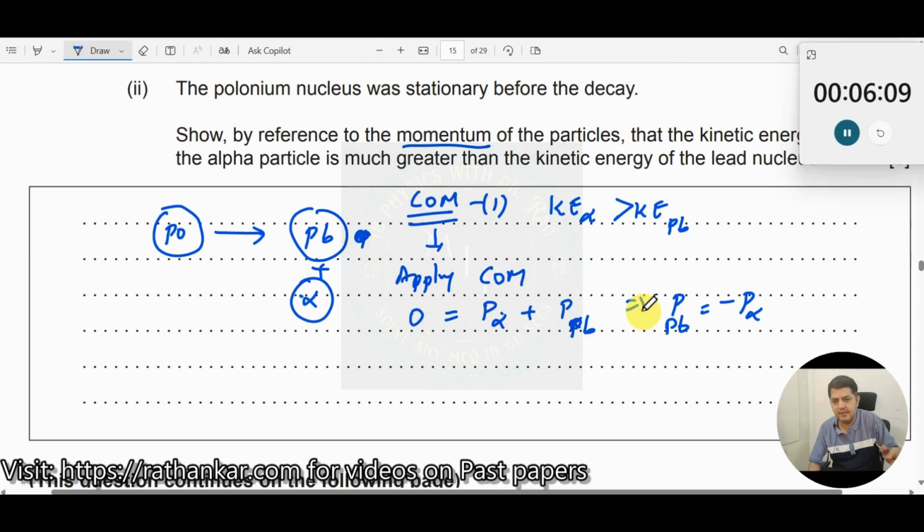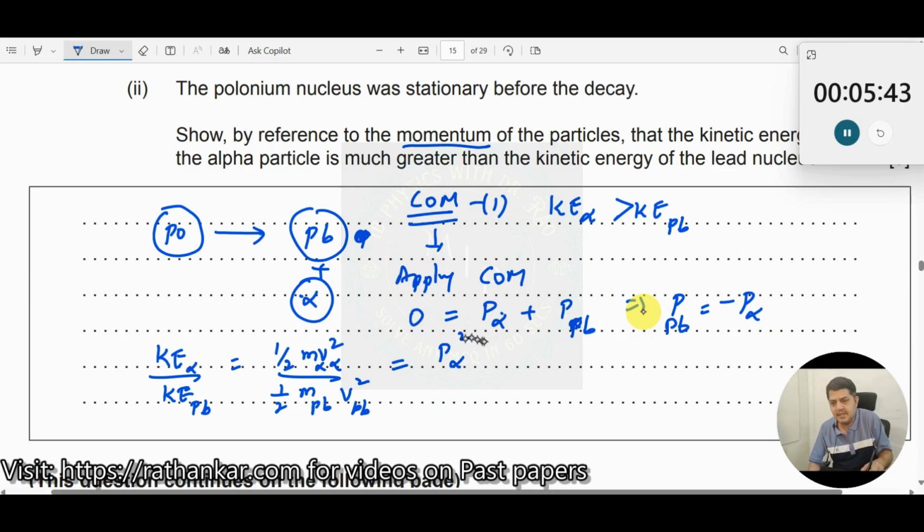Now we take the kinetic energy of alpha divided by the kinetic energy of lead, because I need to compare them. Kinetic energy is given by half mv square, so this is half m alpha v alpha square divided by half m lead v lead square. But I can also write this as p alpha square by 2m alpha divided by p lead square by 2m lead.